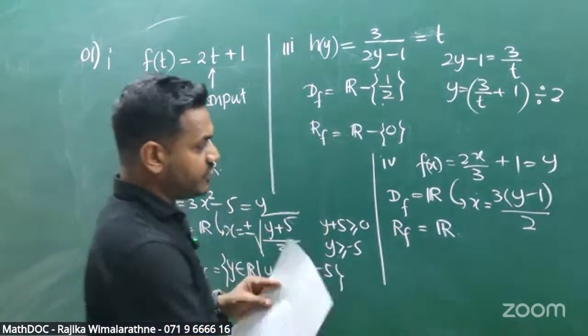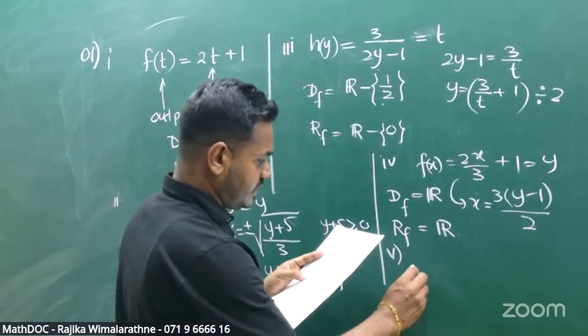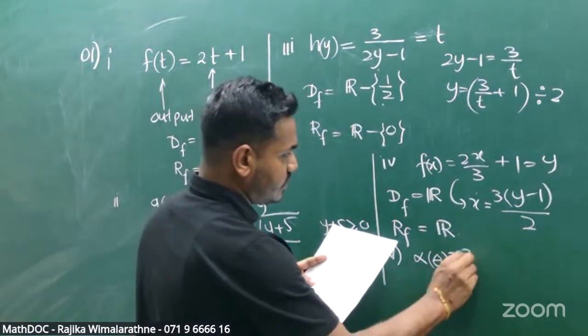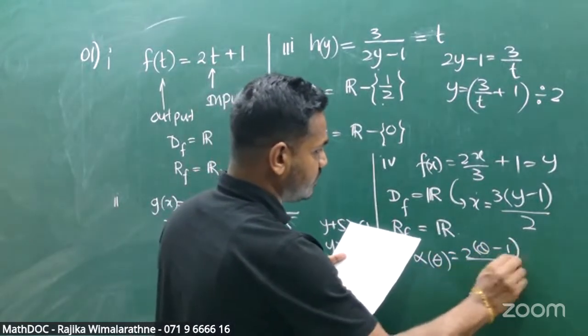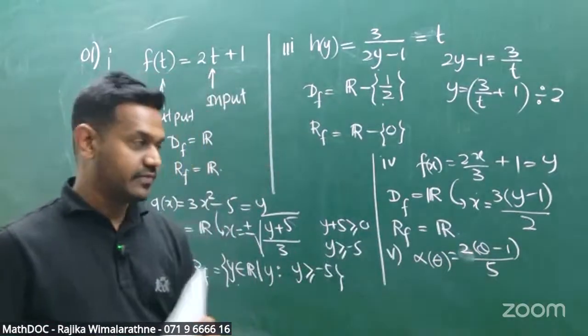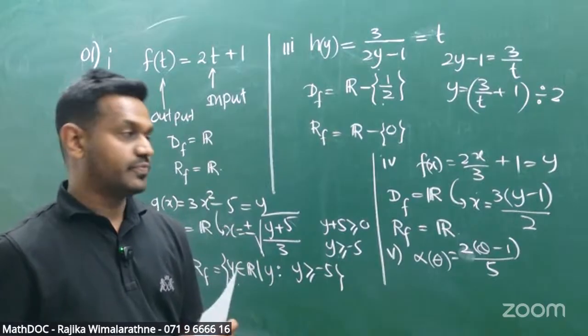Now go to question number 5. Here the function alpha(theta) equals (2 theta minus 1) divided by 5. Then you don't worry about input variables and output variables.